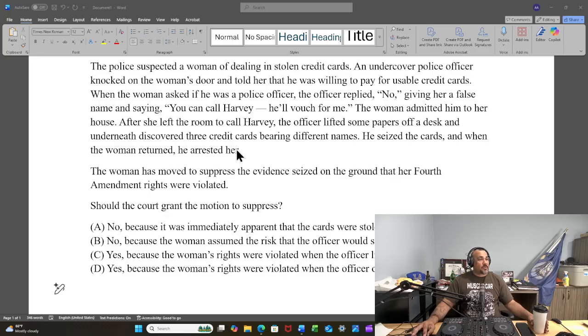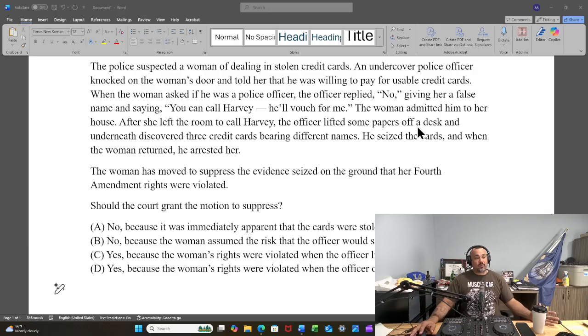And so the question becomes, when he lifted these papers, because this is chronologically the next action he takes, did he violate her rights here? So the answer here is C, yes, because the woman's rights were violated when the officer lifted the papers. What you have to recognize in this question is that once he lifted those papers, that was a search. So was it a lawful search is the question.